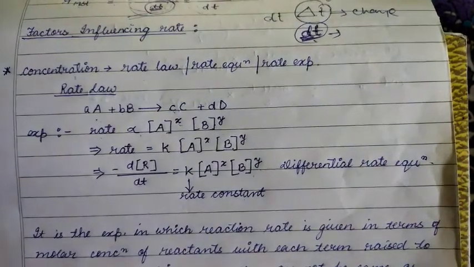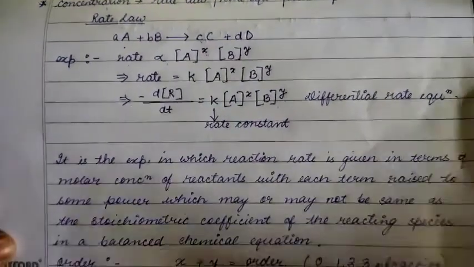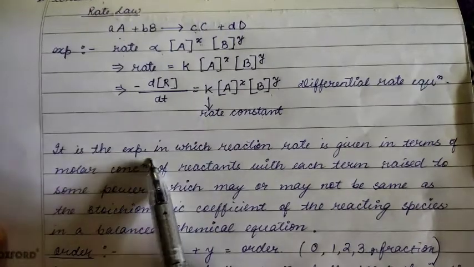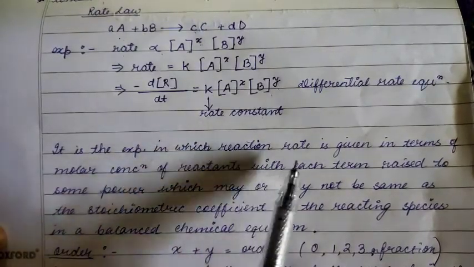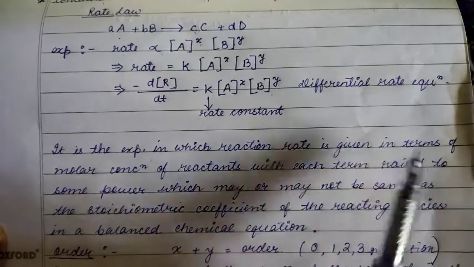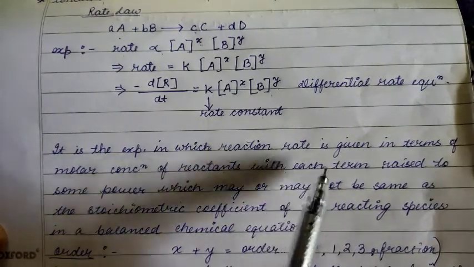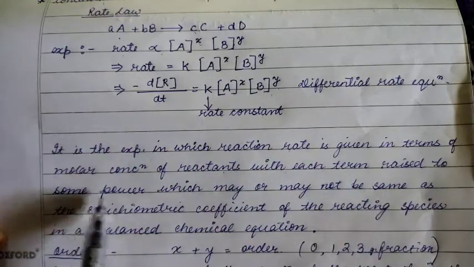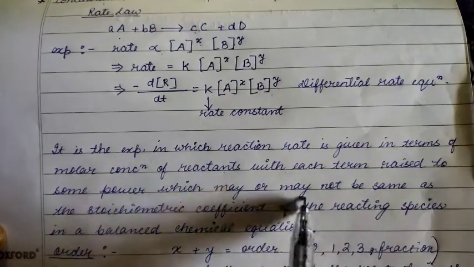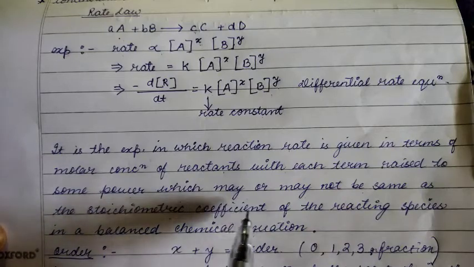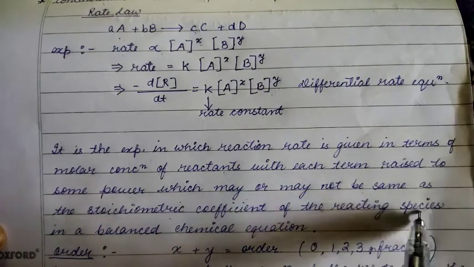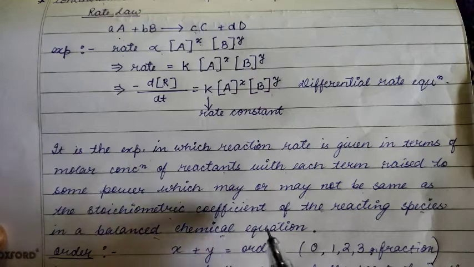Now let us see the proper statement for the rate law. It is the expression in which reaction rate is given in terms of molar concentration of reactants, with each term raised to some power which may or may not be same as the stoichiometric coefficient of the reacting species in a balanced chemical equation.